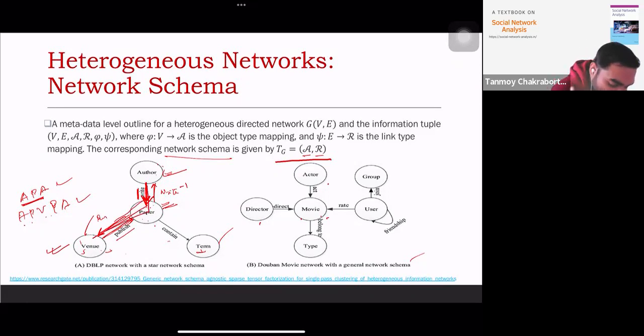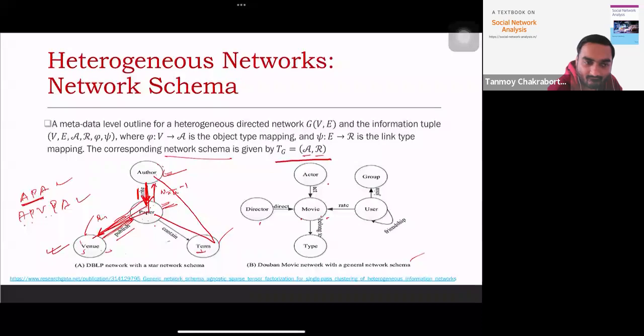But what is not possible? A T P, not possible. So if you are given a schema, you can enumerate all possible metapaths between nodes of the same types.